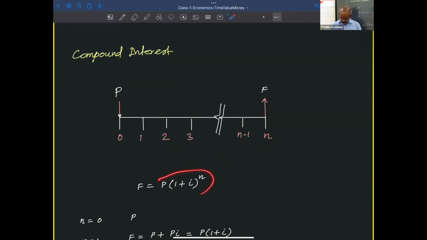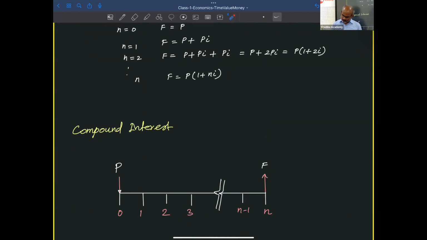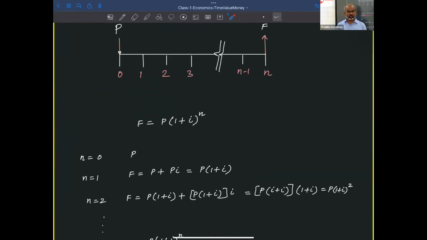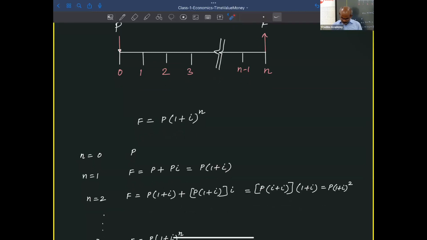Here it is 1 plus I to the power N. Of course, the simple interest formula is simply for calculating the future value, and it is no longer useful, rarely used. Whereas this formula is used for calculating the future value in banking terms. And how is this amount growing?